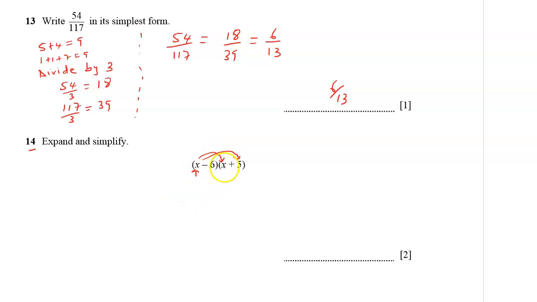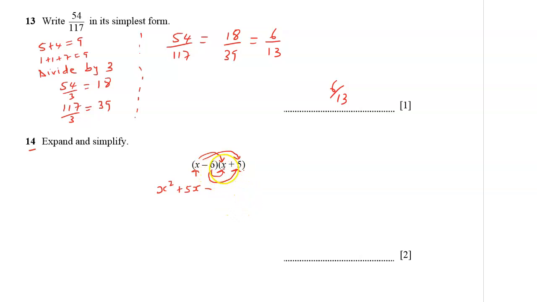So x times x will give us x squared, and then x times plus 5 will give us 5x. Then of course we have minus here, so we take minus 6 and multiply that x by minus 6.